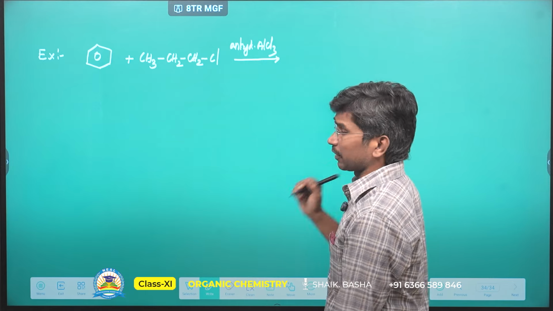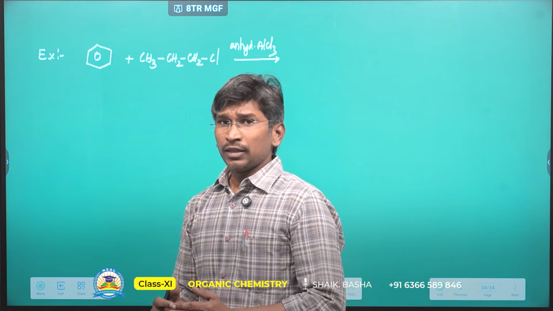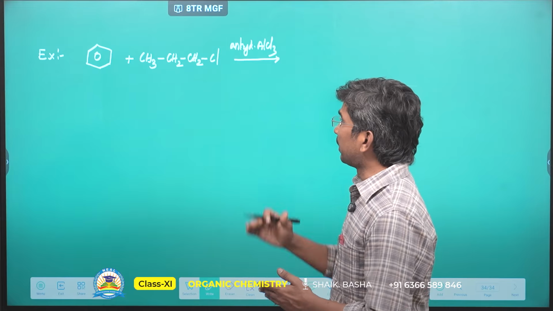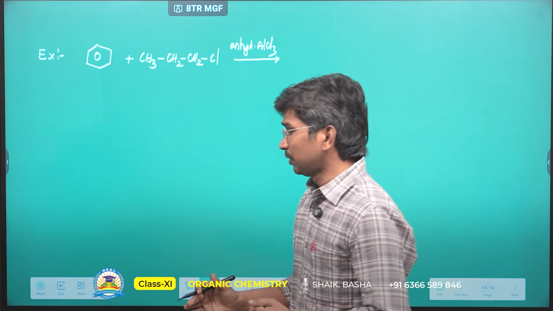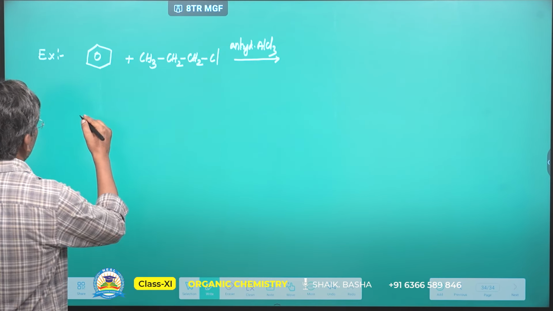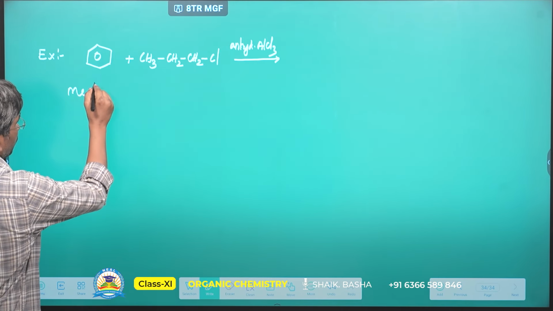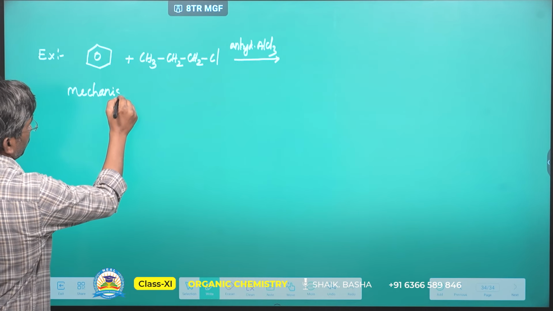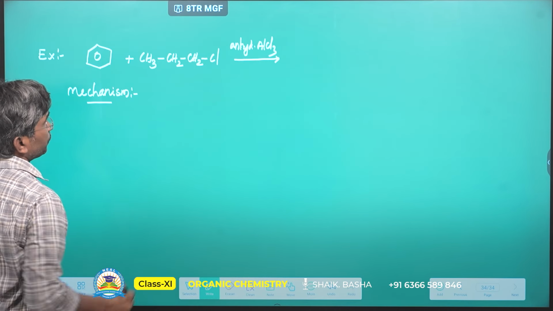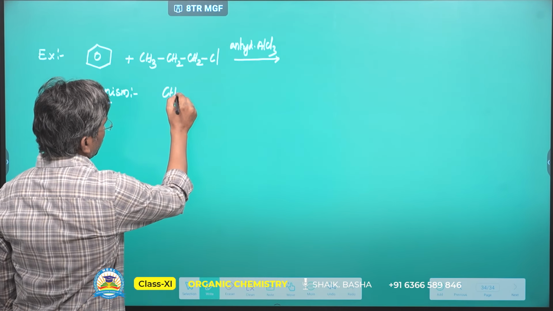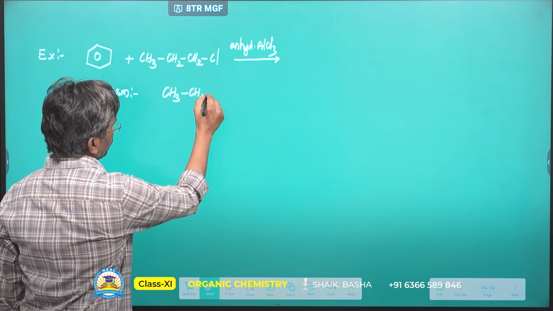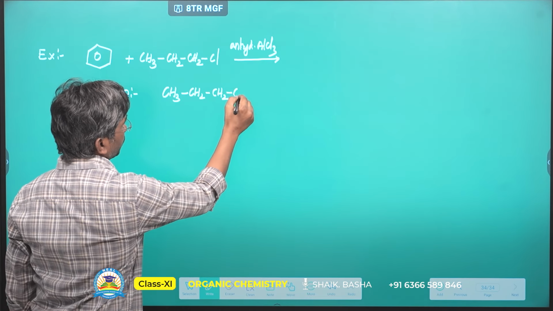So what is the product here? We can understand and easily write the product based on the electrophile formation step. So I'll give the electrophile formation step here. CH3CH2CH2Cl, n-propyl chloride.